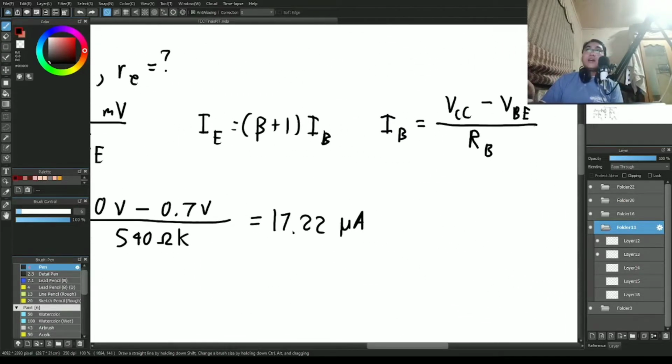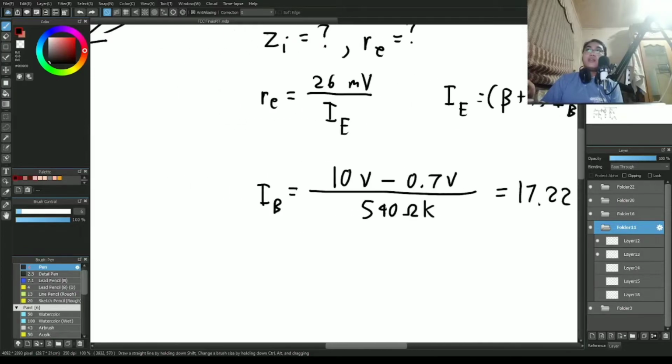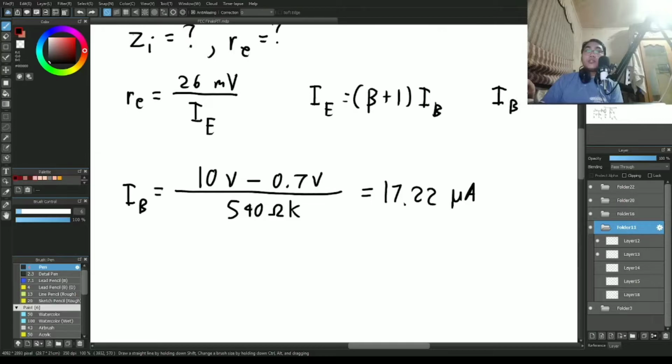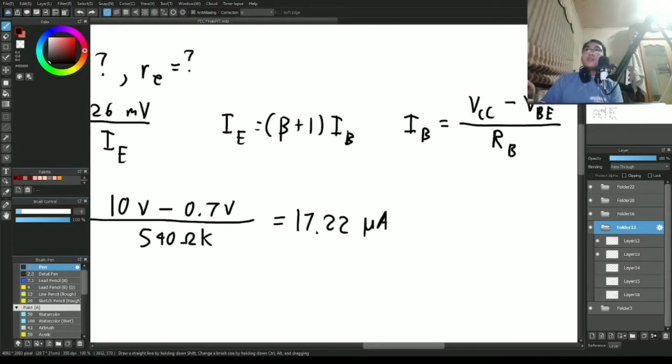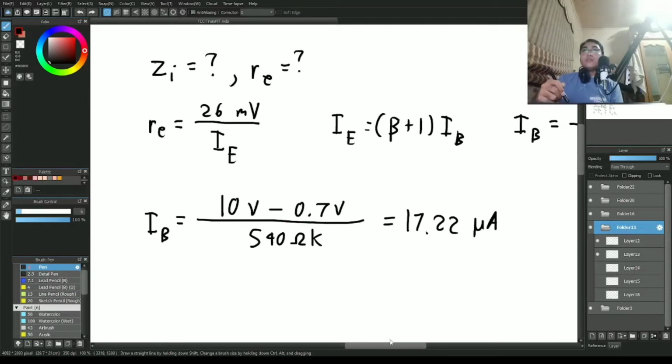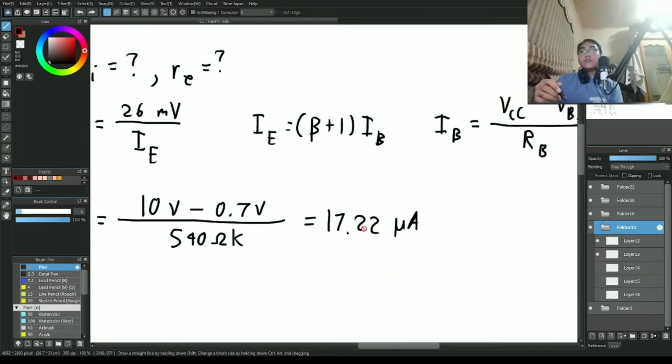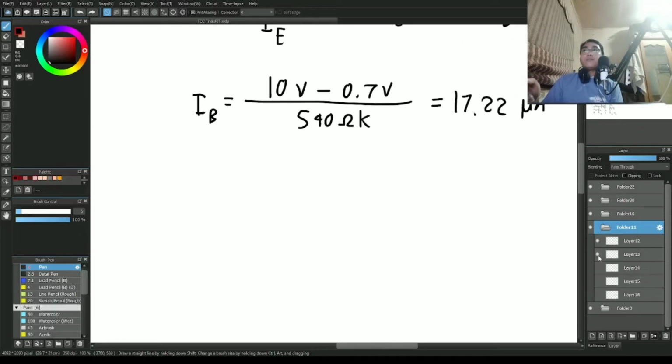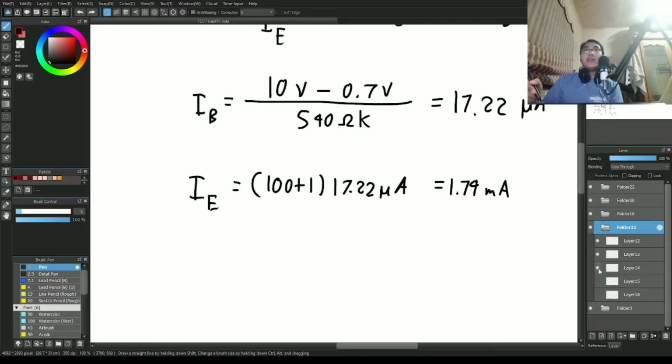And for the VBE, as you might remember, VBE is the voltage drop, which is usually 0.7. And if we solve this, it'll turn out to 17.22 microamperes or microamps. Whatever floats your boat. Next would be finding the IE.